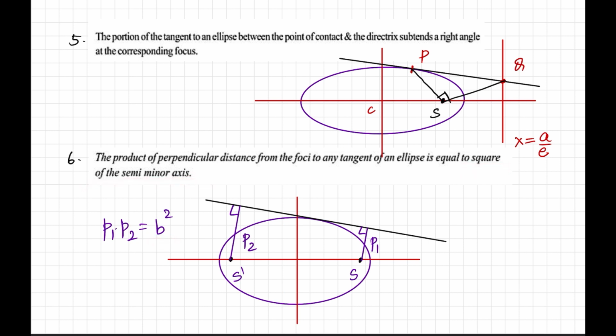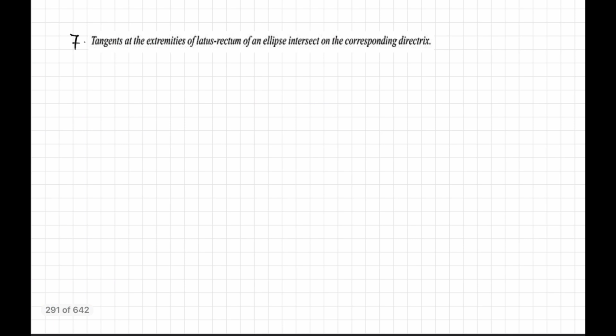So that is what this property has to say. Now all these properties are very important and they are asked in the exams quite frequently. So you must always try to remember these properties as they become very helpful in many cases. After this, let us move on to the next property, property number 7.